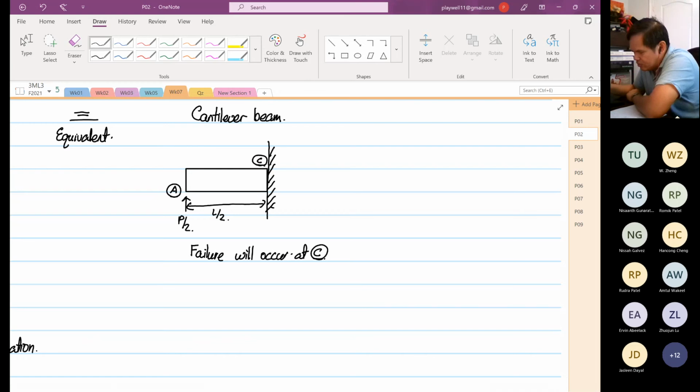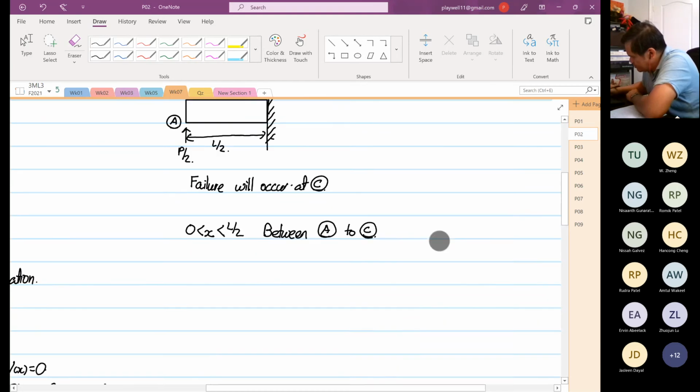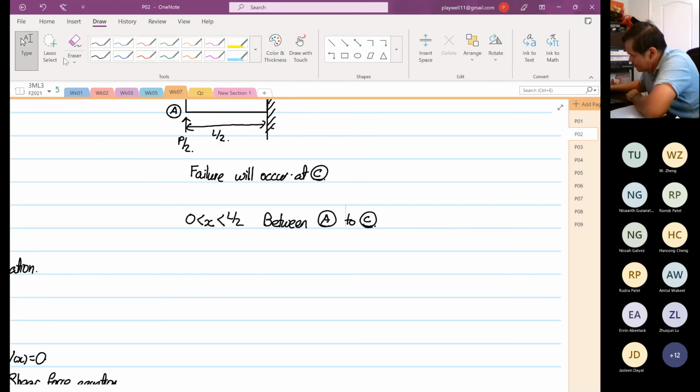So if you look at over here, we are going to form a limit from 0 x to L/2. So this is between point A to point C. Then I draw our structure again.